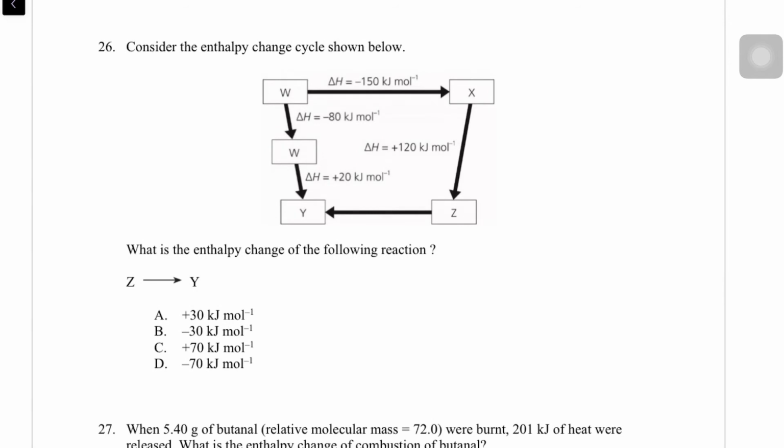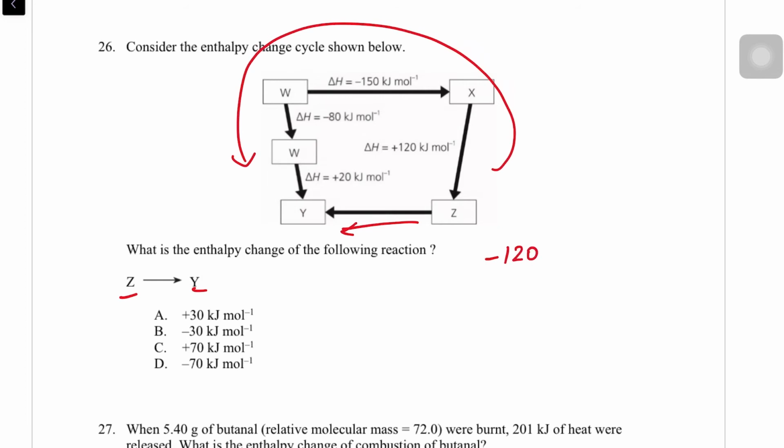26. Well, enthalpy change. Okay, set to Y. Set to Y is this one. That means we need to do it in this way. Okay, first, set to X is opposite the arrow. This should be minus this one. Okay, minus this one. And next one, again, this is opposite direction.